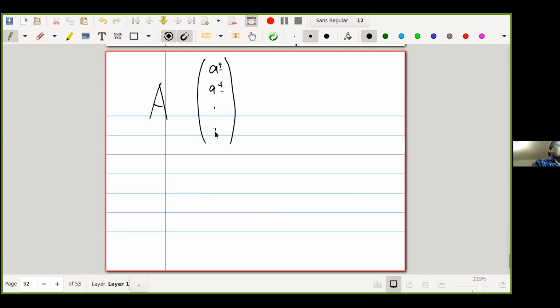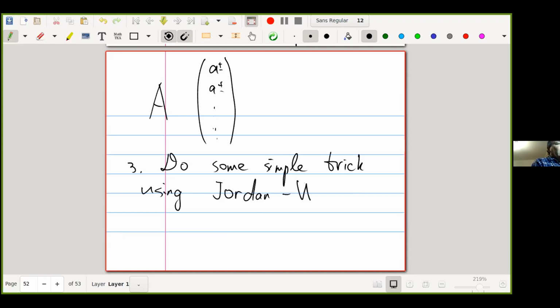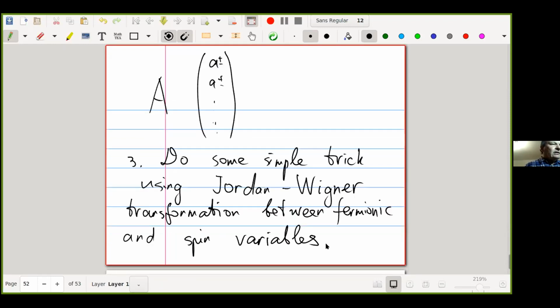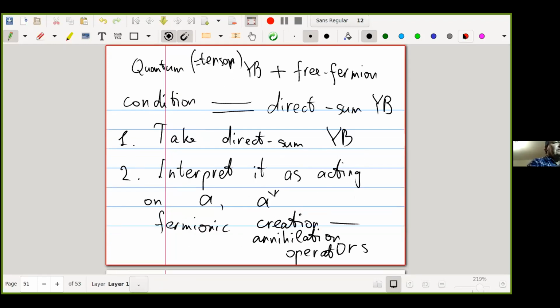And then third, you do some simple trick using, you see, there is such a thing as the Jordan-Wigner transformation between fermionic, that is anti-commuting, fermionic anti-commuting and spin variables. So there are these three steps.